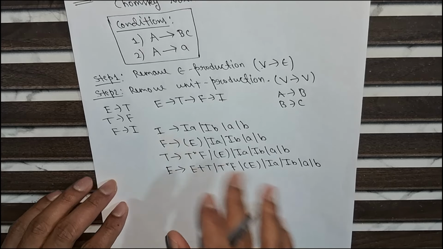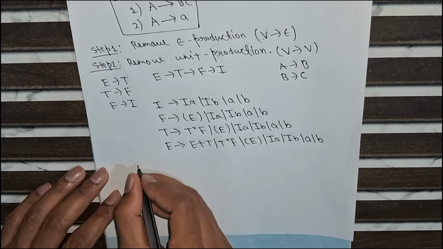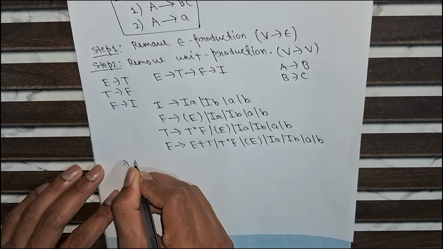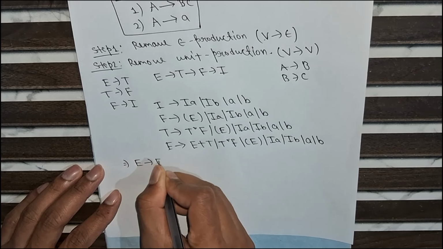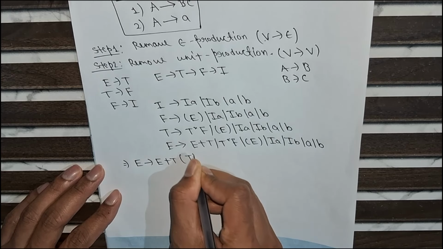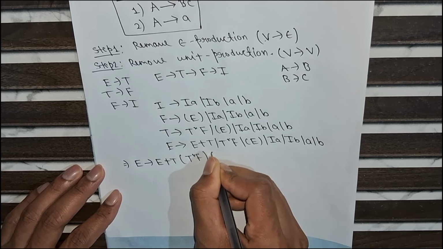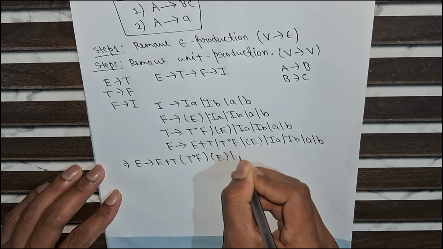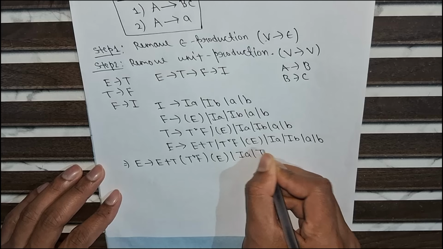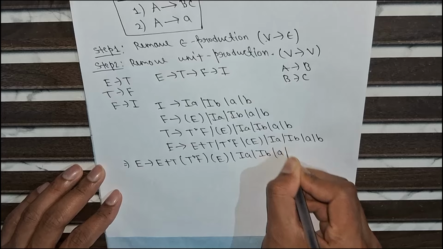So it becomes E implies E plus T, T star F and E, IA, IB, A and B.